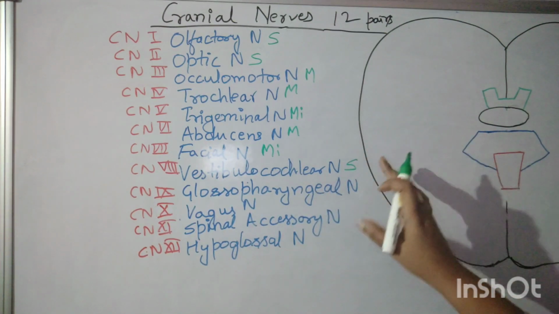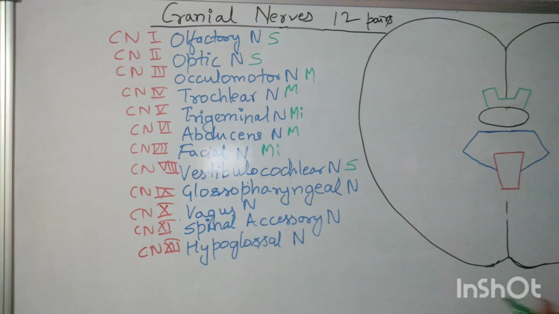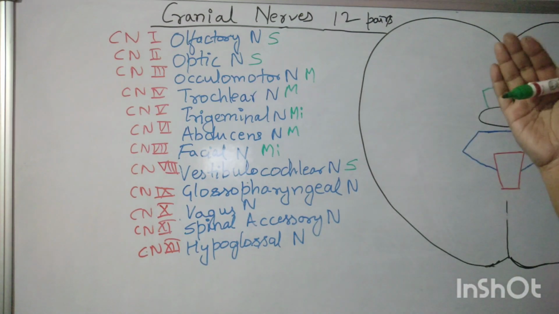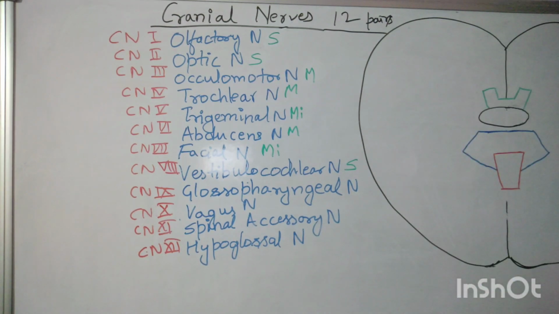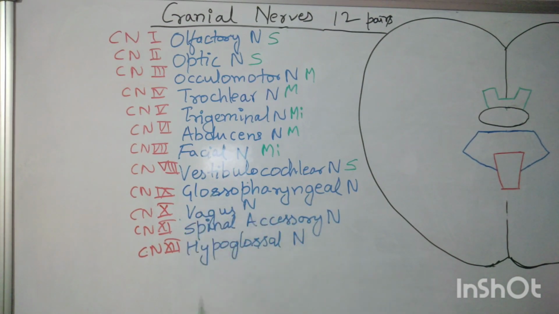Vestibulocochlear auditory is sensory. This will carry the sounds. Neurons get the sound, then carry it to the brain, and then the brain receives the impulses. The glossopharyngeal: pharynx, glosso means tongue.